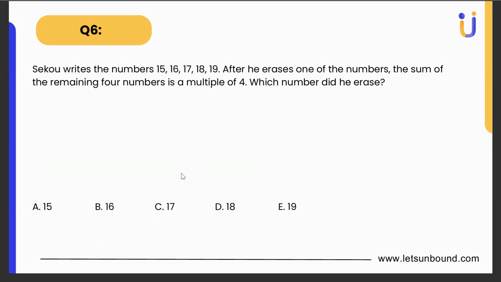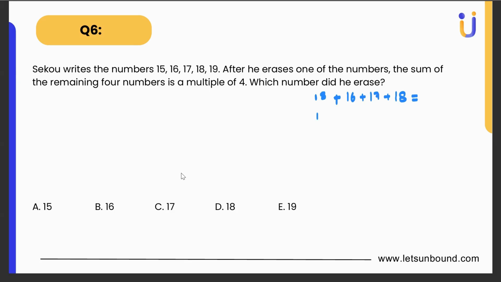Now, if somebody was to approach the question, they would just say that we could remove one of the numbers one by one and then keep looking whether the sum is coming out to be a multiple of 4 or not. For example, I could add 15, 16, 17 and 18, which means I removed 19, so I'm assuming that 19 got erased, and see whether it is a multiple of 4 or not.